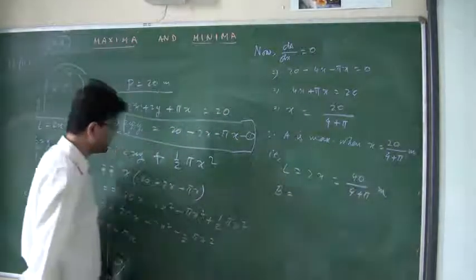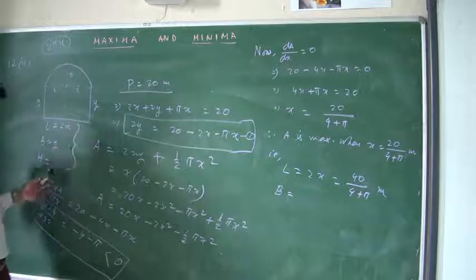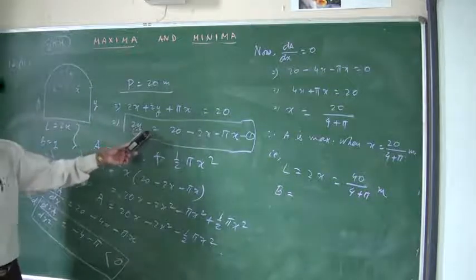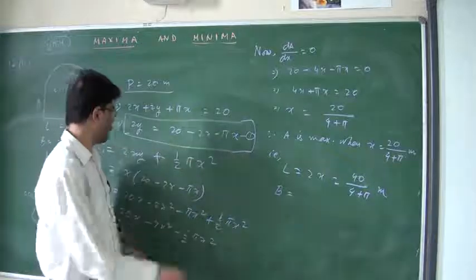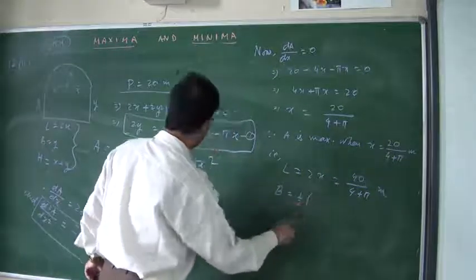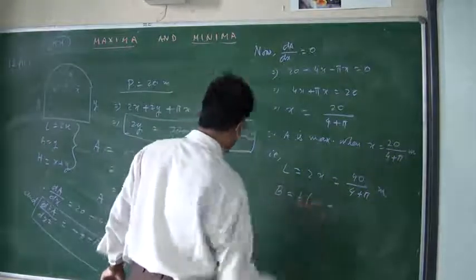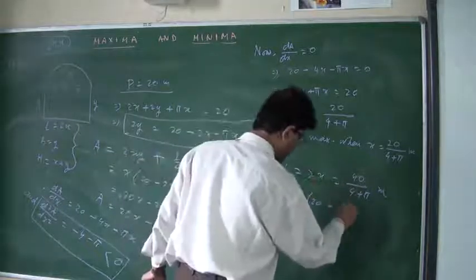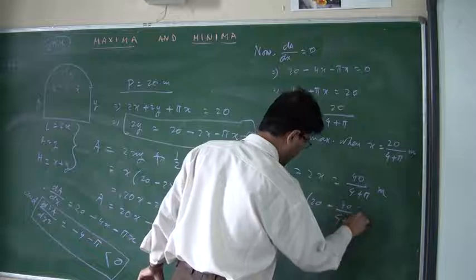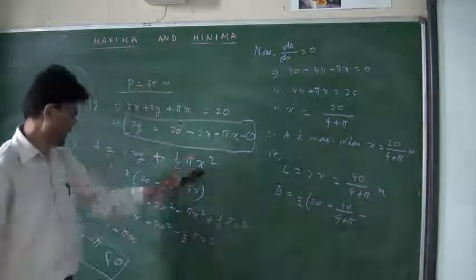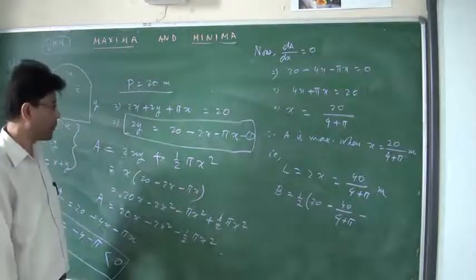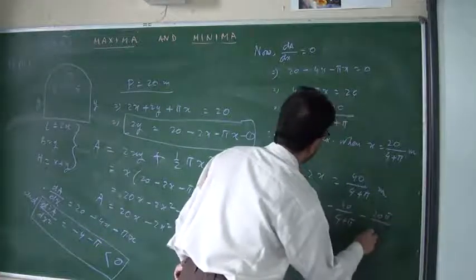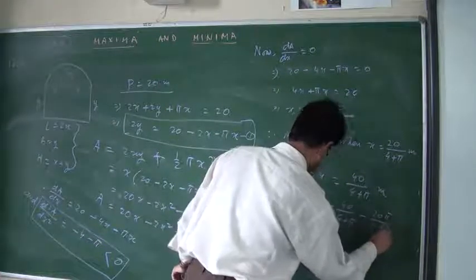Breadth value is y. And y value, from this equation, will be half of this quantity. So y is equal to half of 20 minus 2x value. 2x value is 40 over 4 plus pi, minus pi x value, 20 pi over 4 plus pi.